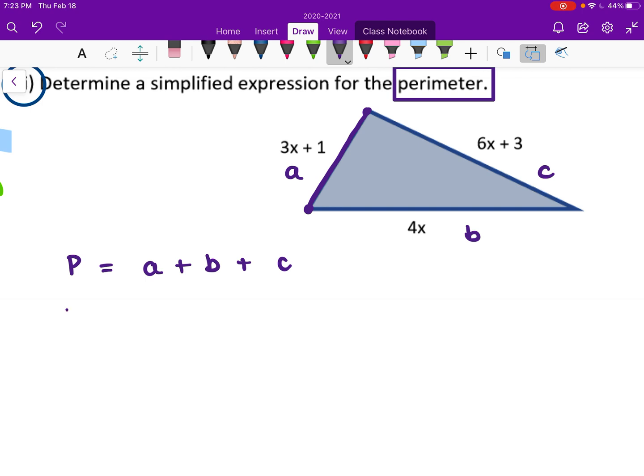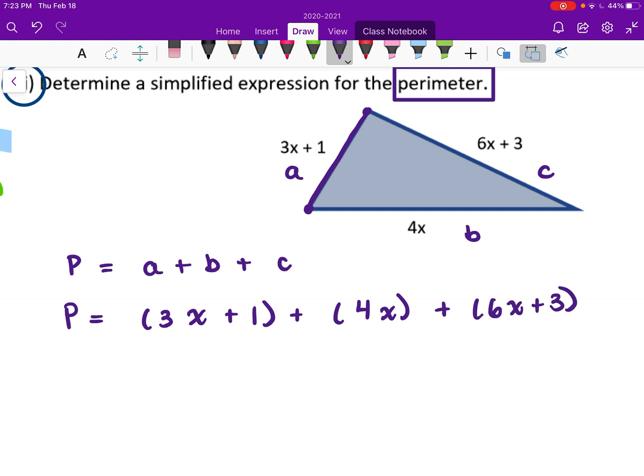And we're going to do P is equal to, side A is 3x, and whenever you're substituting, you're always going to substitute with brackets, plus B is 4x, plus C is 6x plus 3. Now, because these are all positives, it's safe for us to just drop the brackets.